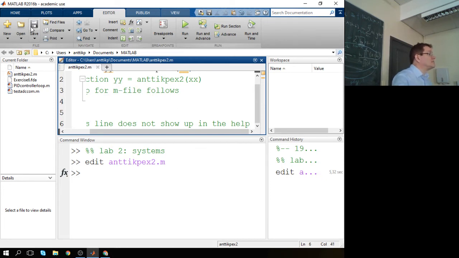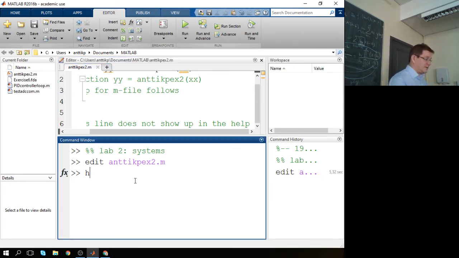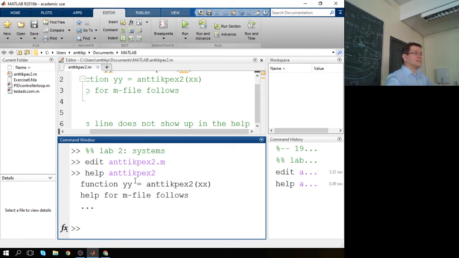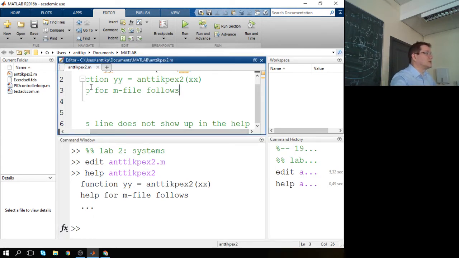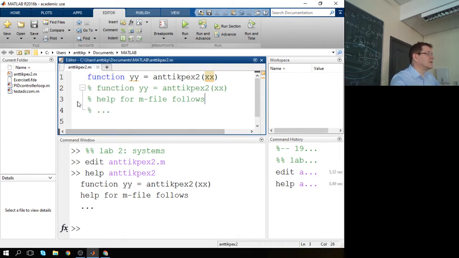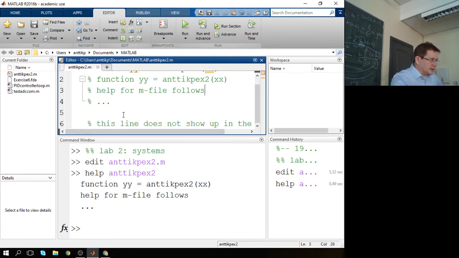Save the file, and then if you say help anti-KP exercise 2, it gives the first continuing part of this, the commented lines, and this doesn't show up. Good.